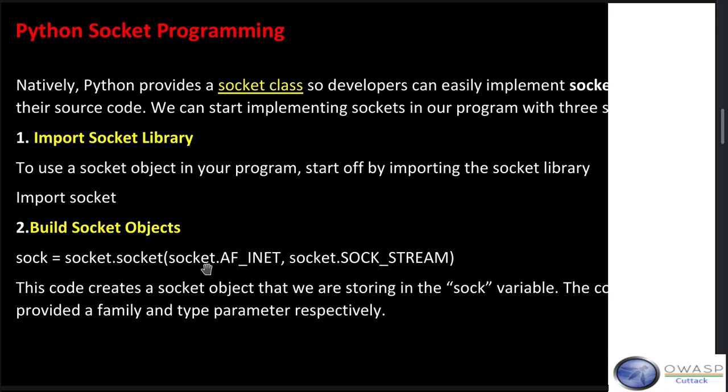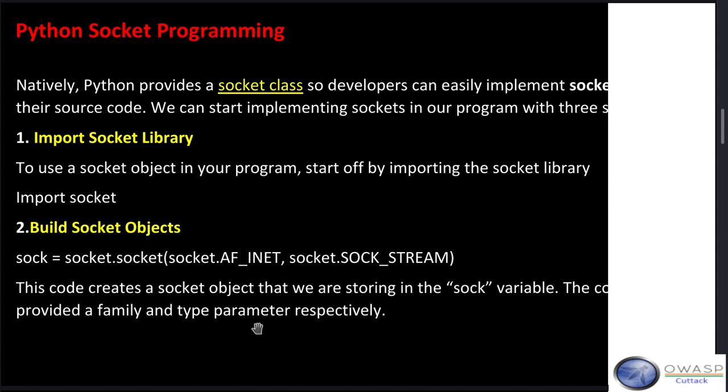In the socket object, we define socket.AF_INET, comma, socket.SOCK_STREAM. AF_INET denotes an IP version 4 address, and SOCK_STREAM denotes TCP communication.